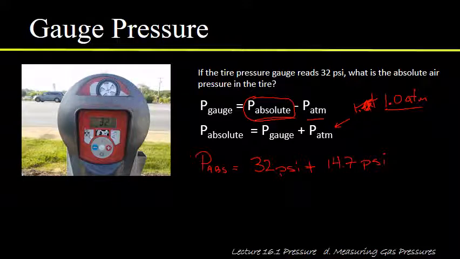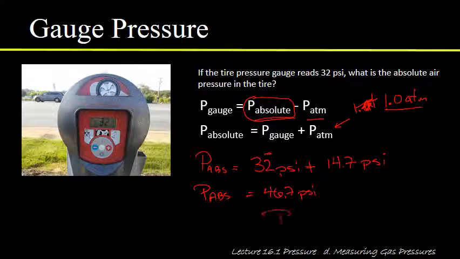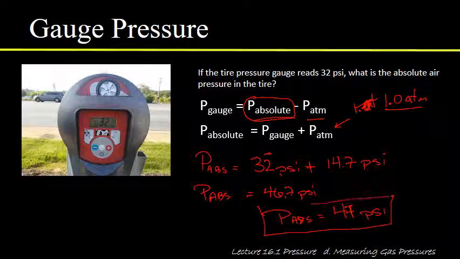So that means that the absolute pressure in the tire is 46.7 psi, and since our gauge here that we're reading goes out to the ones place, we should round this to the ones place. 47 psi. That's the absolute pressure inside the tire.